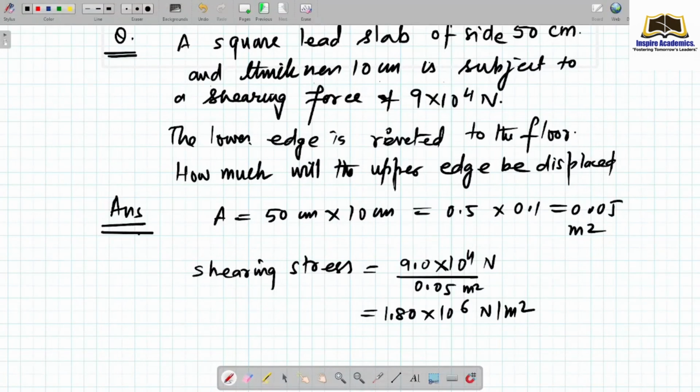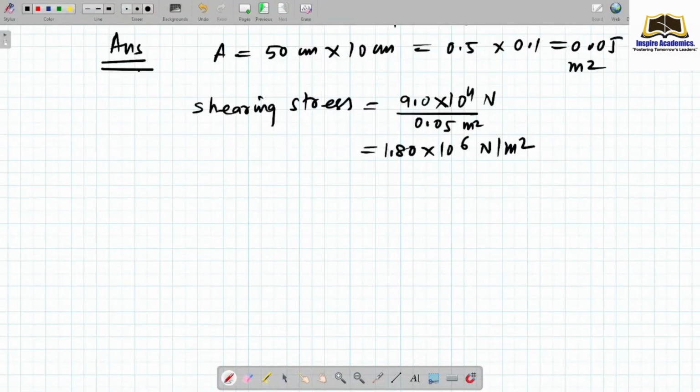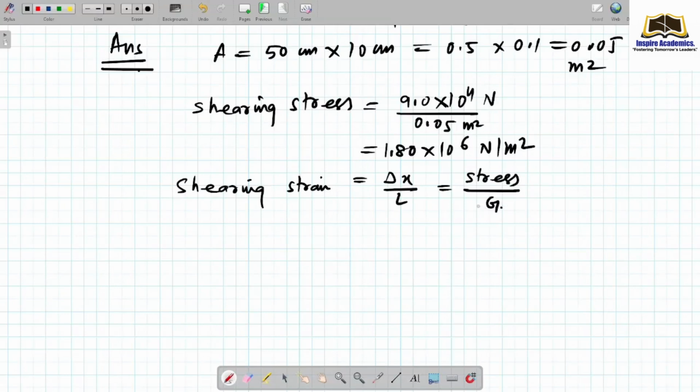Now let us identify shearing strain. It is delta x upon L, right, which is the same as stress upon capital G. So delta x would be stress times L upon G. Let's put the values.